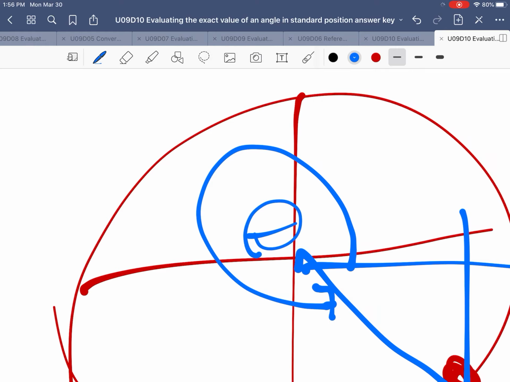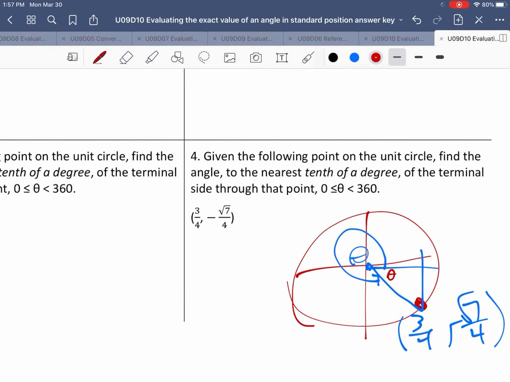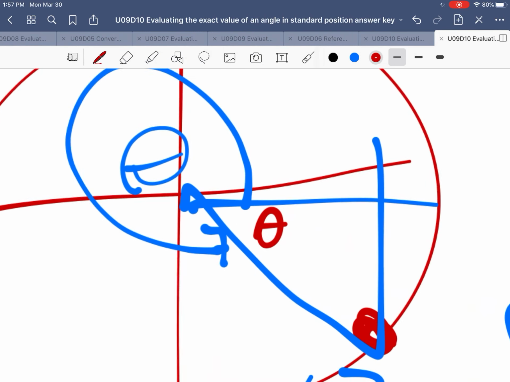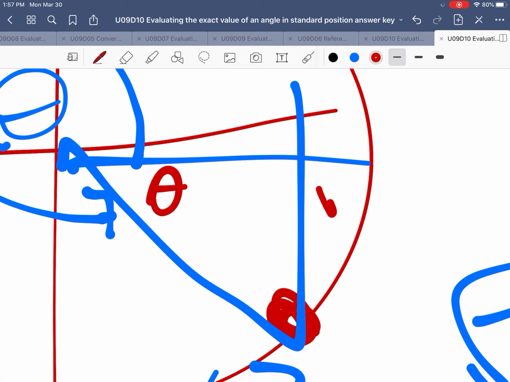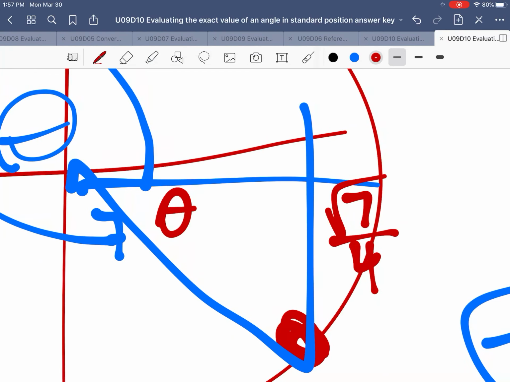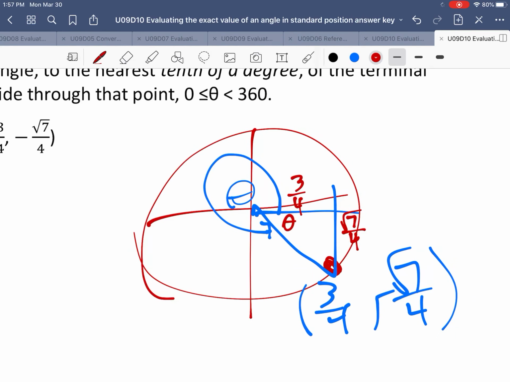So what we can do is find this angle using right triangle trigonometry. The length of this side is radical 7 over 4, and the length of this side over here is 3/4. Those are the two sides of the right triangle created by this coordinate.